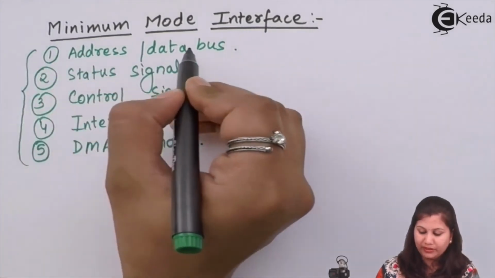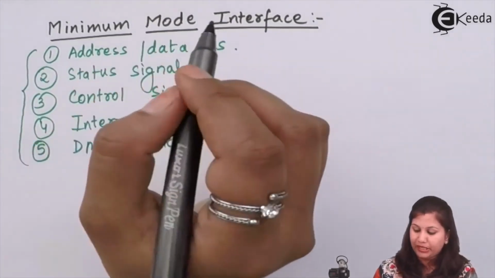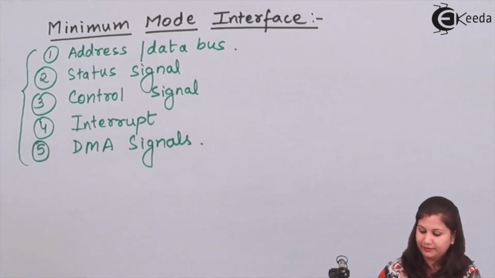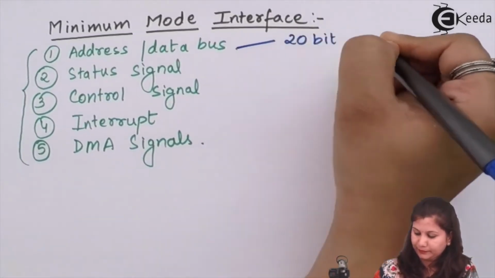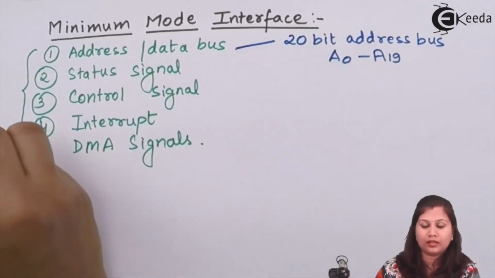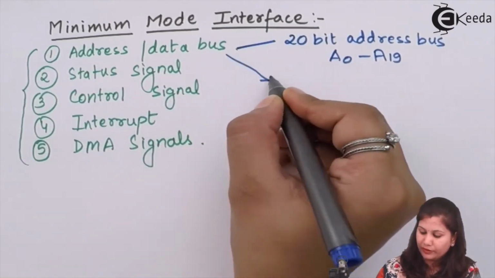First, we will start with the address and the data bus. In the 8086 microprocessor, we have the 20-bit address bus starting from A0 to A19. Data bus is of 16 bits.